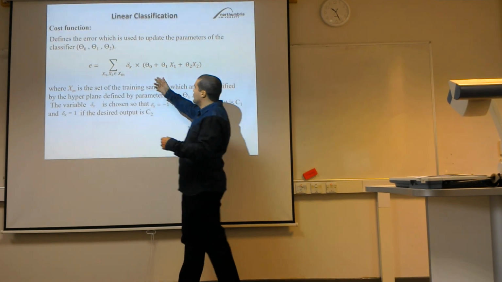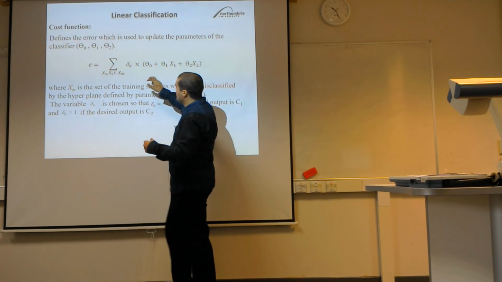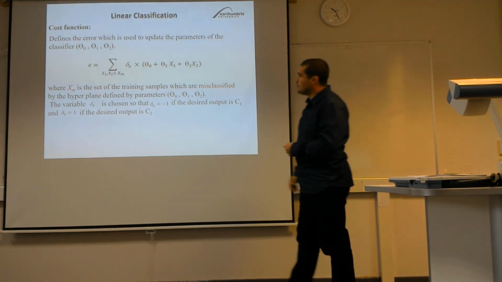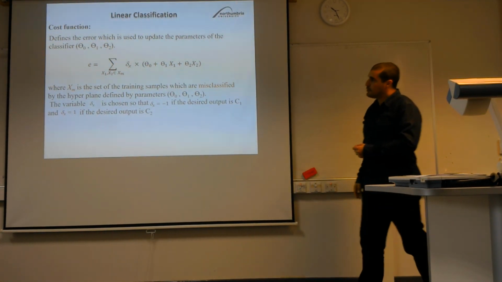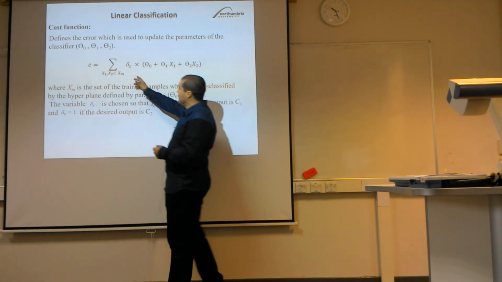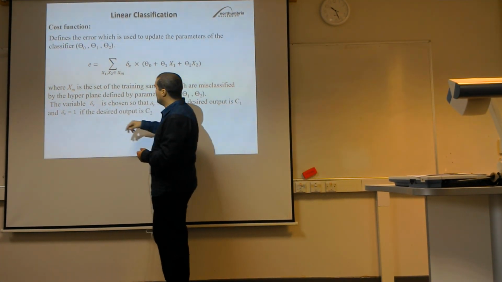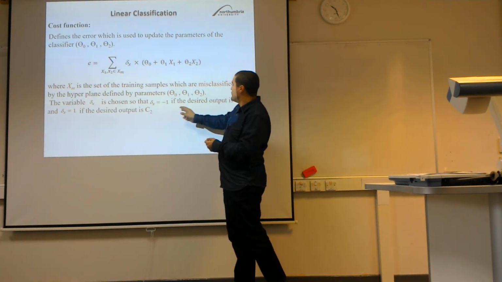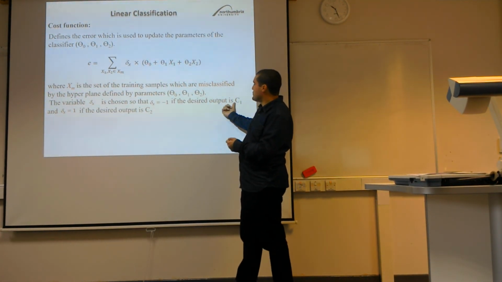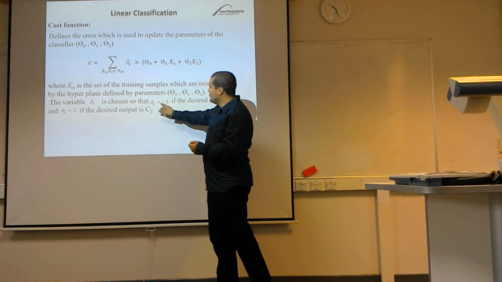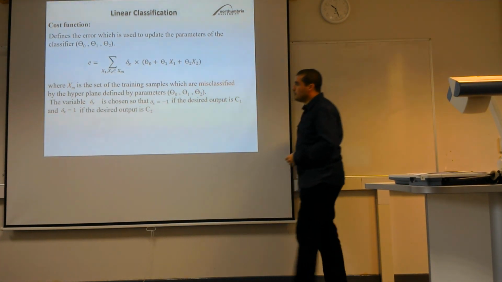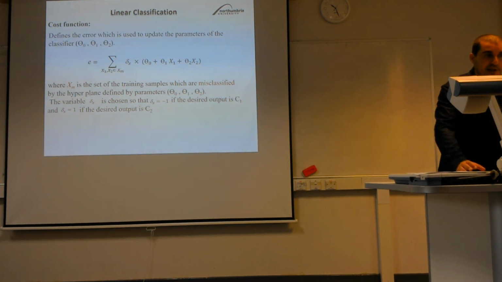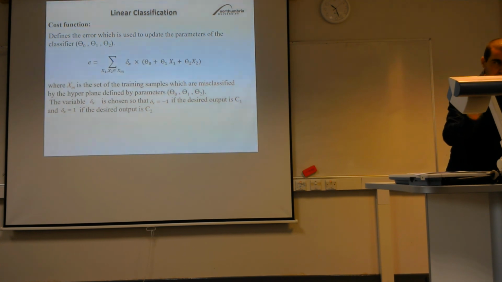Obviously we'll use the output of the system, but we will define a constant variable called delta x, which is chosen based on the output of the system. If the desired output is C1, delta x will be -1, otherwise it will be 1. So it depends on the corresponding desired output for the specific sample.